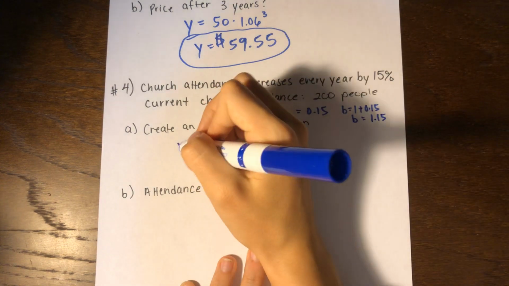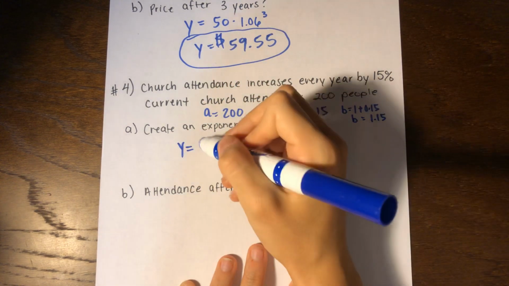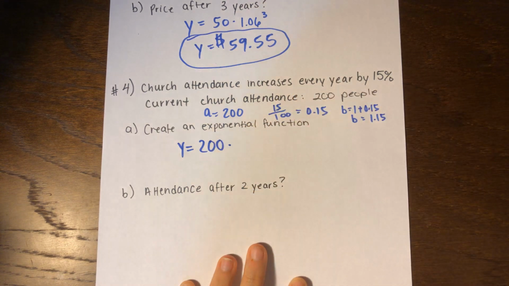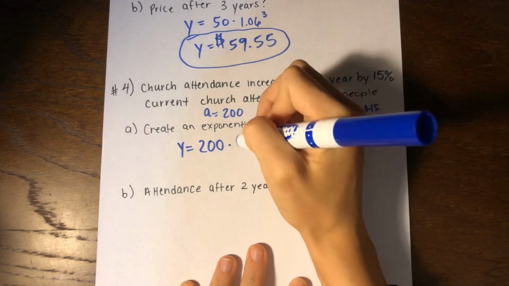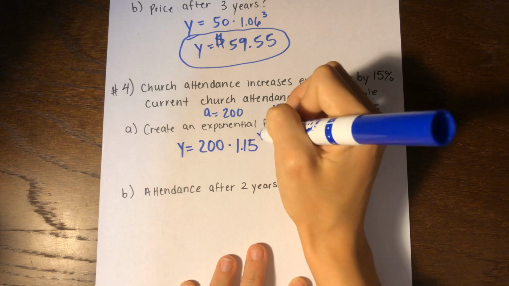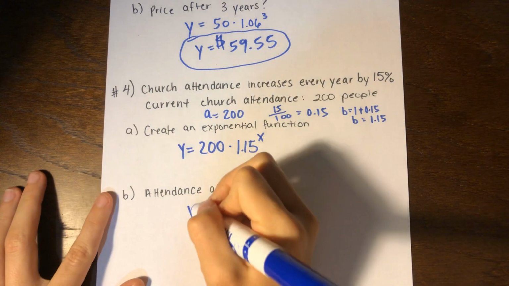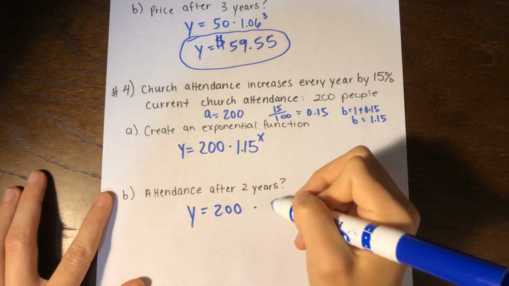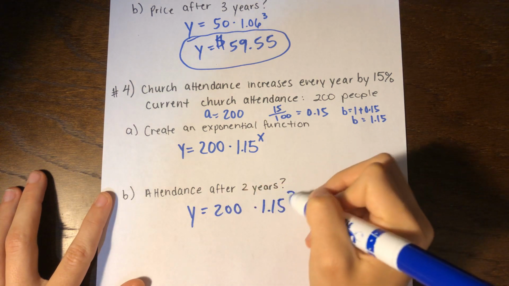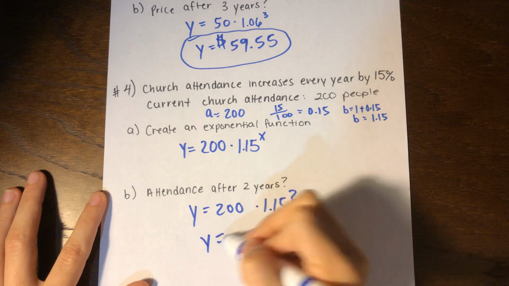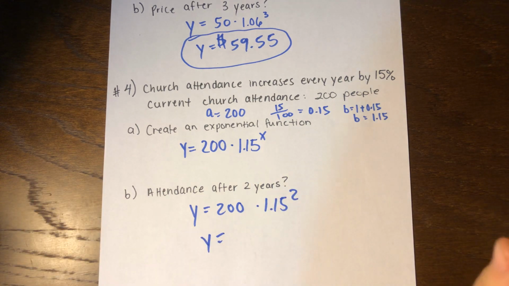Now I'm creating my equation, y equals 200 times 1.15 to the x power. Now I'm plugging 2 in for x. I'm going to plug that into the calculator. We're talking about people, the attendance.